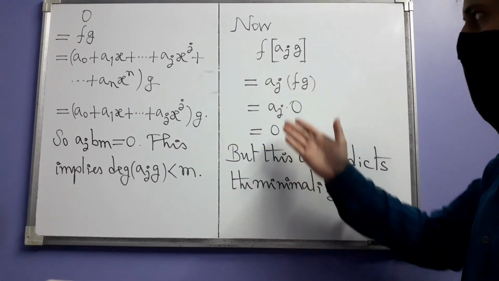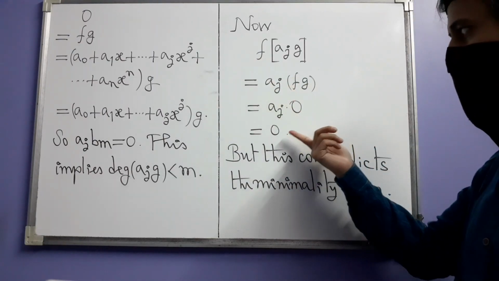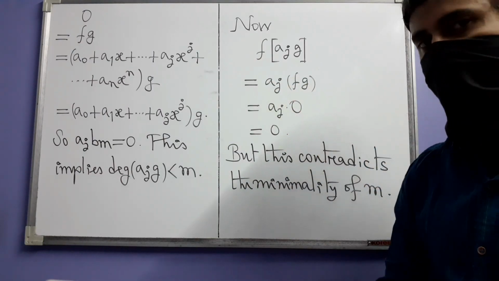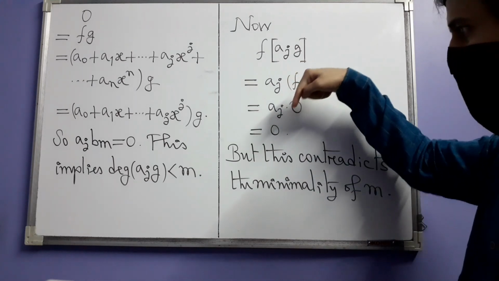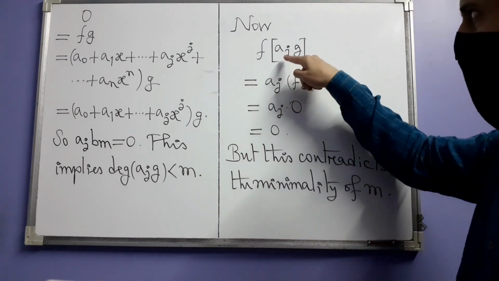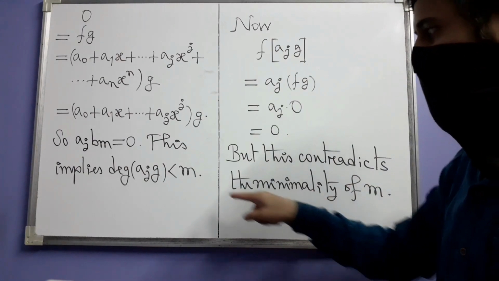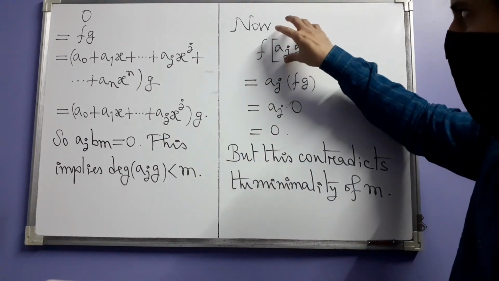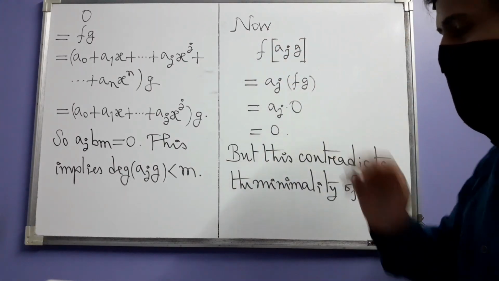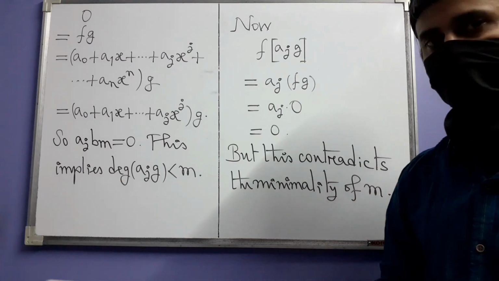And of course that is just equal to a_j times fg, and fg is 0, so that's how you get 0. But this is the problem. This is a problem because as we saw just now, a_j g is a non-zero polynomial and its degree is less than m, and when you multiply f with this, you are getting 0. But that contradicts the minimality of m.